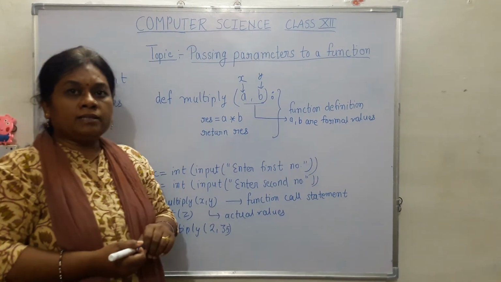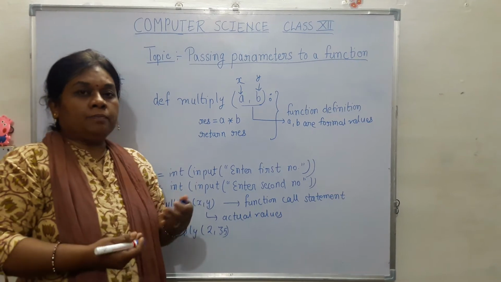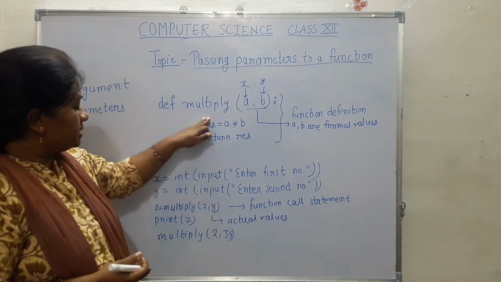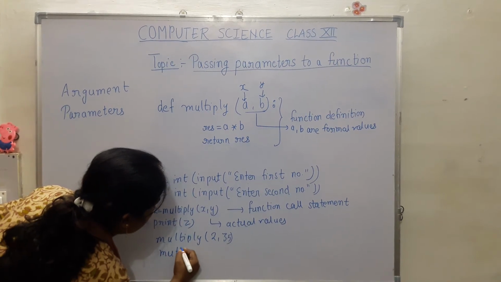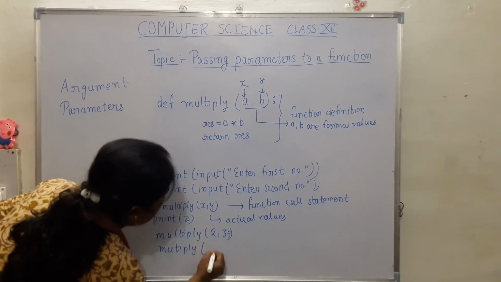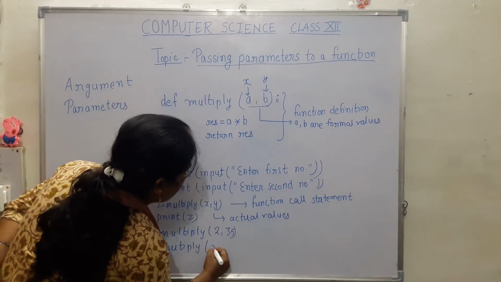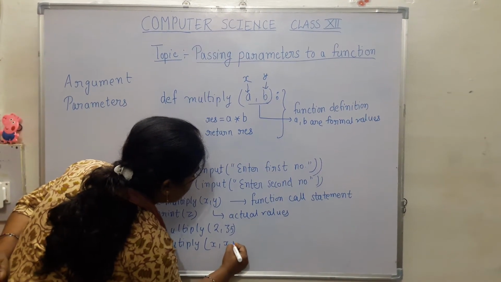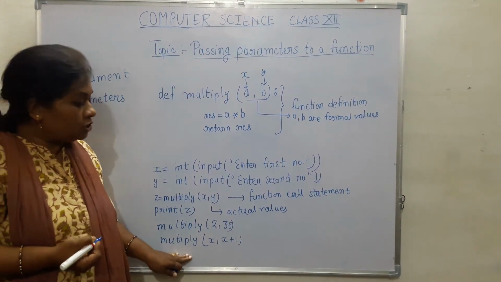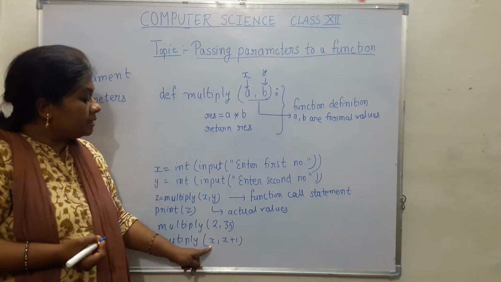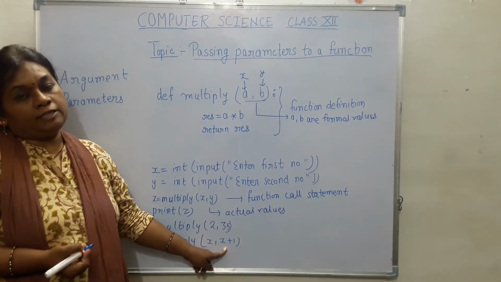There is another way to call this function. We can write the function call statement like this: multiply x comma x plus 1. Here x is a variable and x plus 1 is an expression.